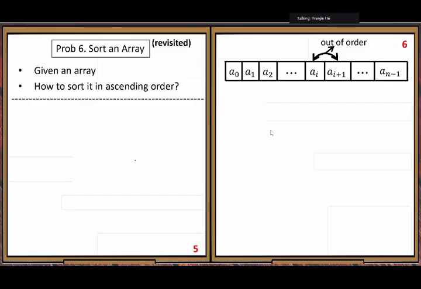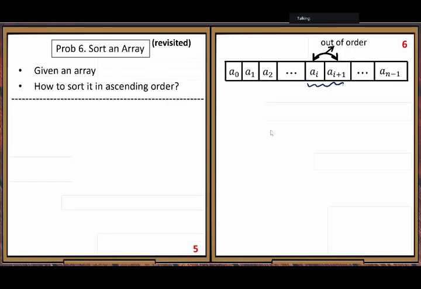Here, I want to look at one special pair. Let's compare these two elements. When we sort this array, we want all the elements in ascending order. If the elements follow that ascending order, that's our desired property, right?